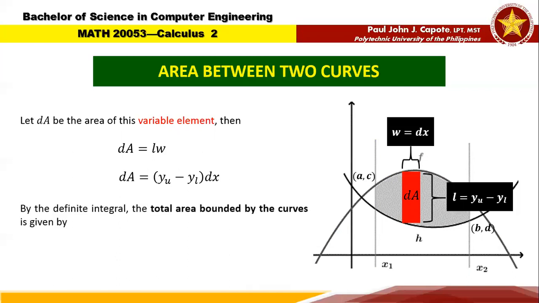By the definite integral, the total area bounded by the curves is given by A equals the definite integral of y sub u minus y sub l dx from a to b. This is our general formula if we are to use the vertical element of the area in finding the area between two intersecting curves.